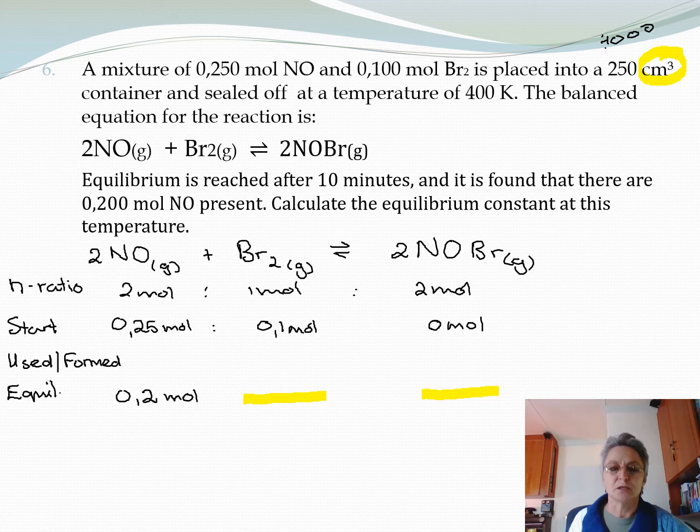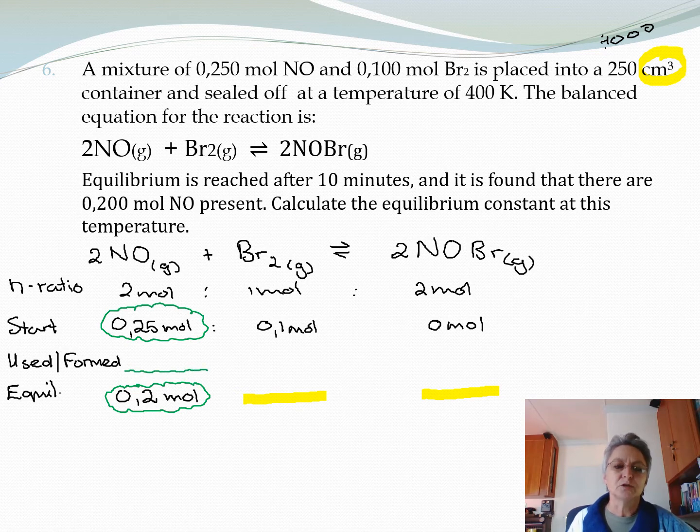Those are the things we need to figure out. We know how much nitrogen monoxide we started off with, and we know how much we ended off with. So we can calculate the amount that was used.